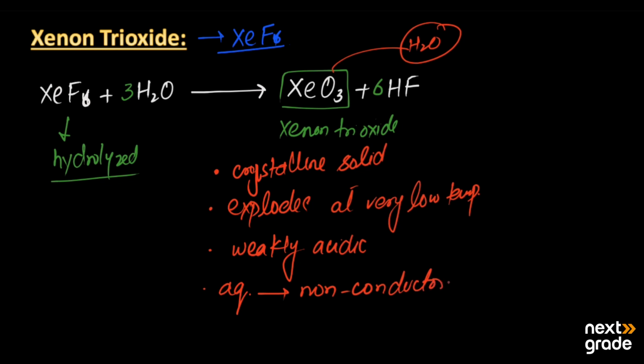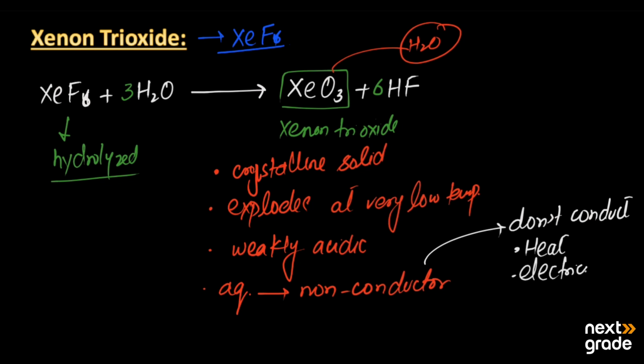Now, what is meant by a non-conductor? Non-conductors are all the substances that do not conduct heat as well as electricity. On the other hand, the aqueous solution of xenon trioxide is also a non-conductor in nature.